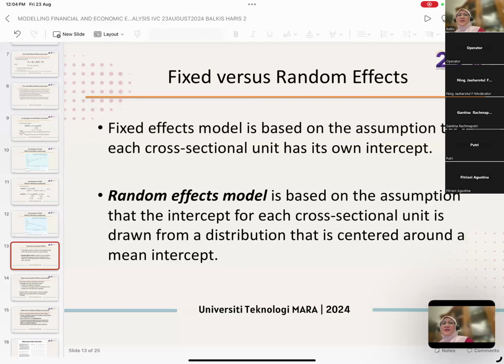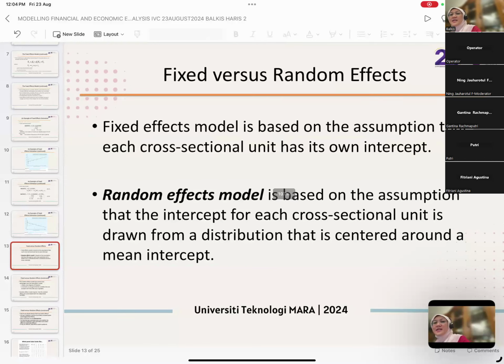Yes, correct. Like slide 13 says, each cross-sectional unit for fixed effect has its own intercept. So like my data, because it involves regulations and ownership structure, the data does change according to time.